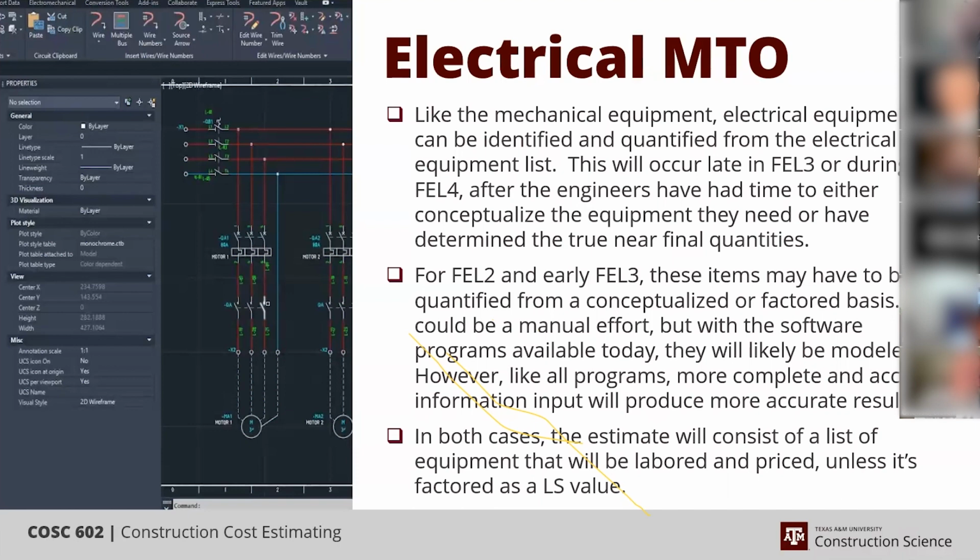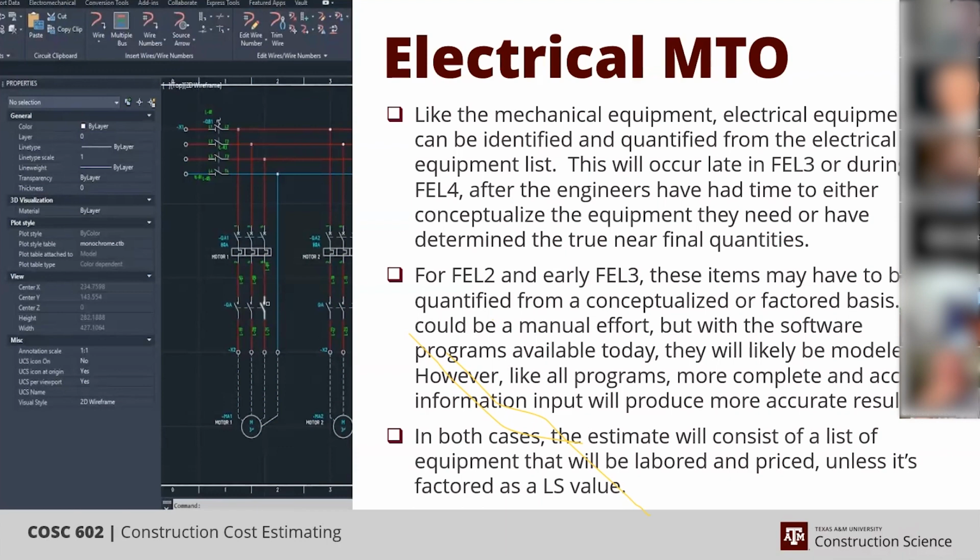But working in an EPC, we get a little bit spoiled because the engineers are always saying, "Here's your list," and then we just have to take that list and labor and price it. Sometimes they can provide pricing, sometimes they can't, but they can definitely define what is needed.